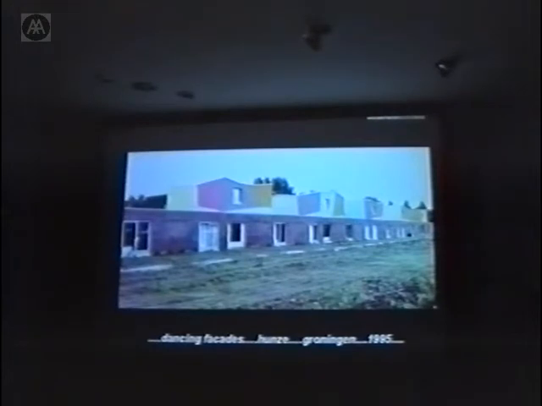Okay, continue here. Next project was where we started to turn this dazzle painting idea into slightly more three-dimensional shapes. So we made this brick base on top of which Ilona placed these colorful dancing facades.